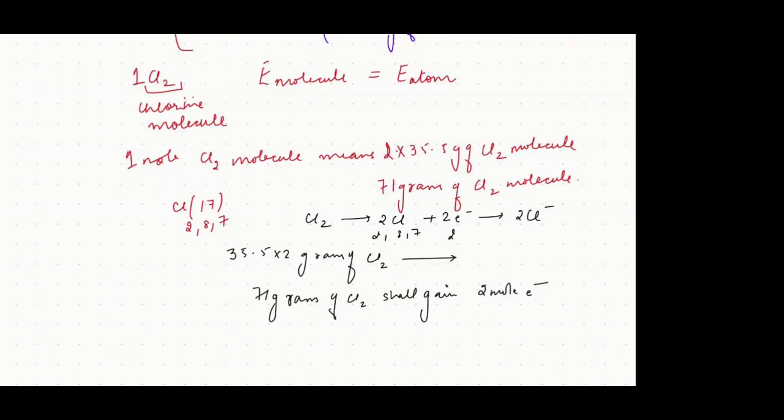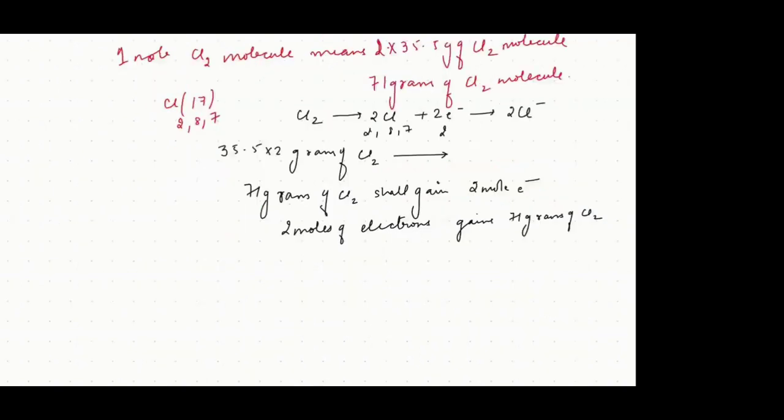So 2 moles of electrons are gained by 71 grams of chlorine.